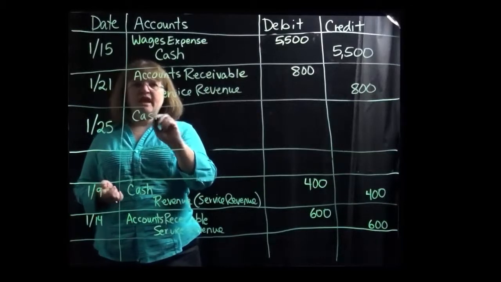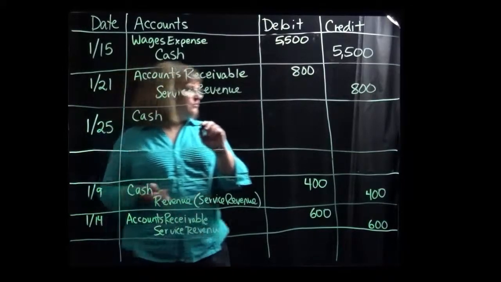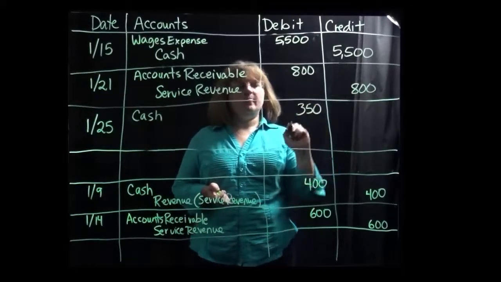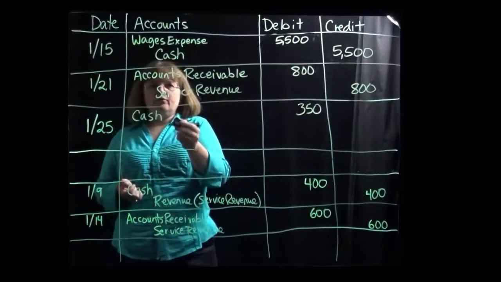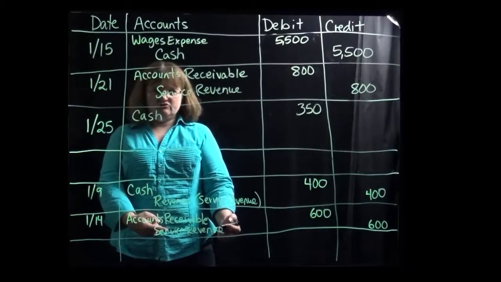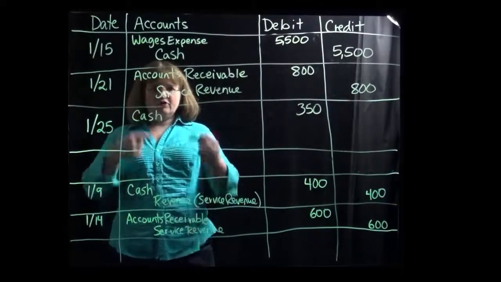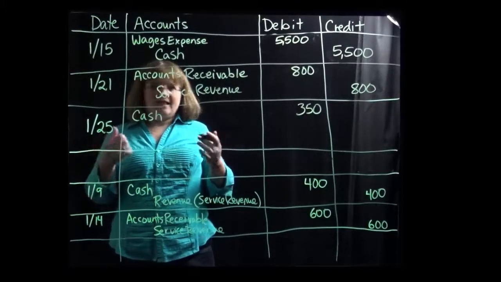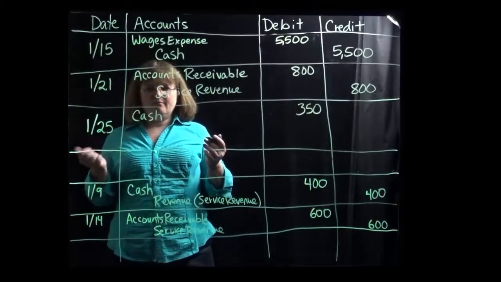We want to debit cash because we received cash for $350. But we don't want to credit service revenue again because we already credited service revenue on the 14th. If we credit service revenue again here, we're going to be double counting revenue. That's not allowed. That's really bad to do.